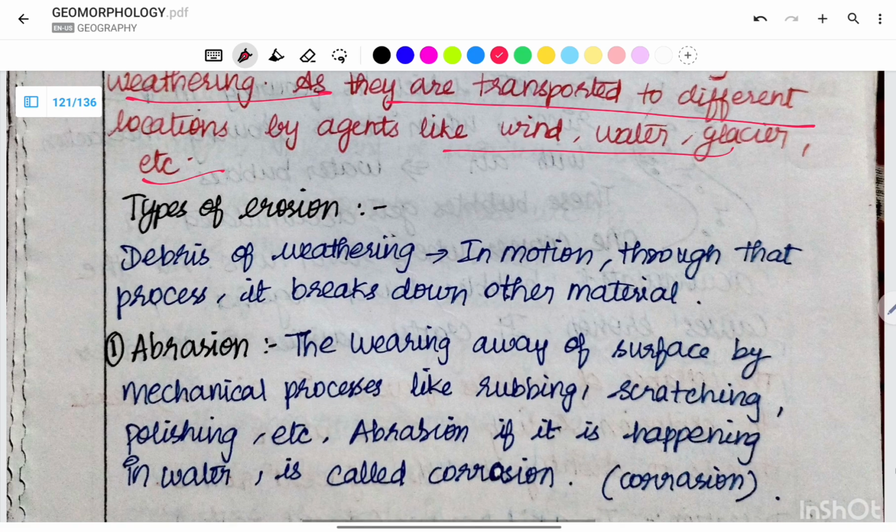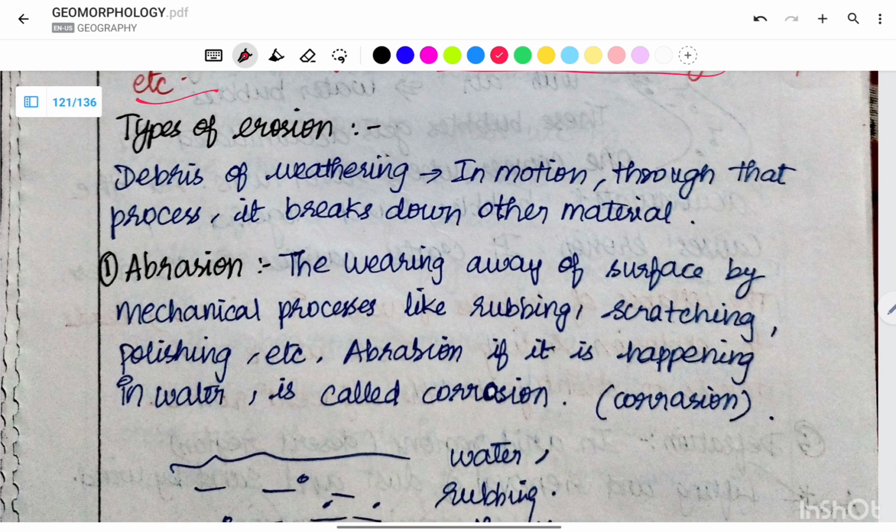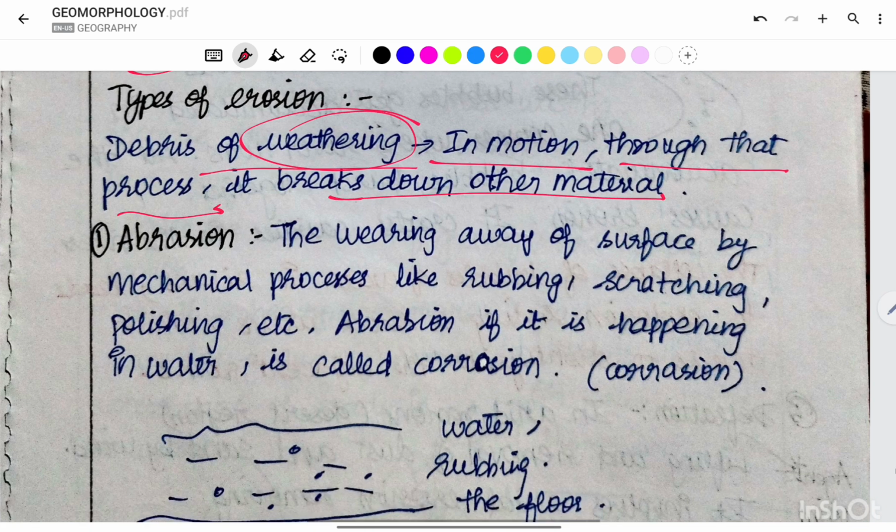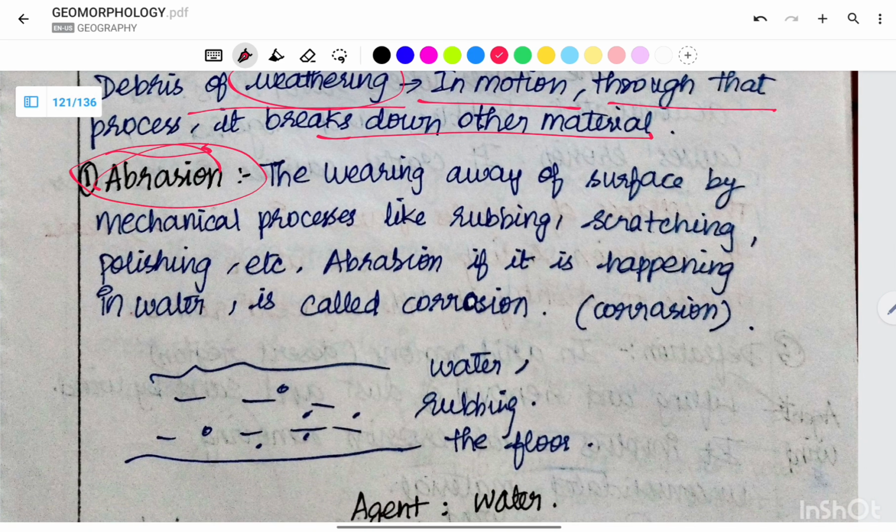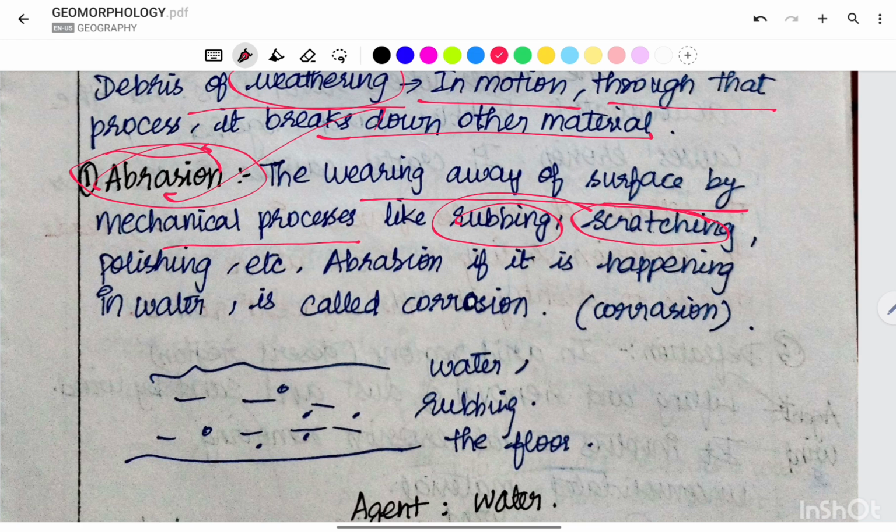What are the types of erosion? We have the debris of weathering in motion, and through that process it breaks down the material. Abrasion, attrition. Abrasion is the wearing of a surface by mechanical processes like rubbing, scratching, polishing, etc. As it is moving, there is rubbing, scratching and polishing.